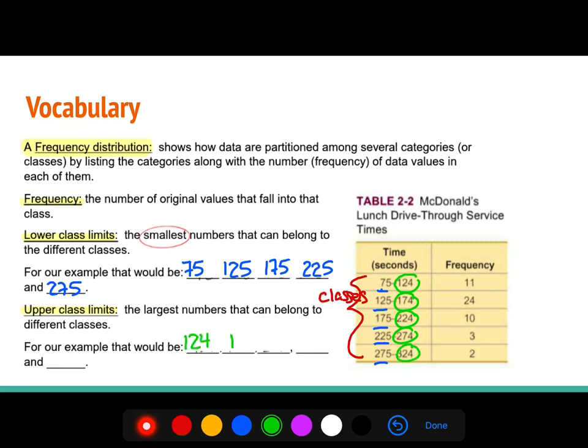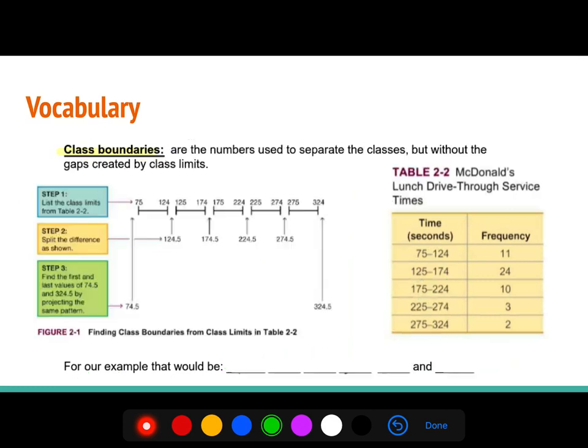Those are our lower class limits. Our upper class limits, as you probably can guess, are the upper values in the classes, which are 124, 174, 224, 274, and 324.